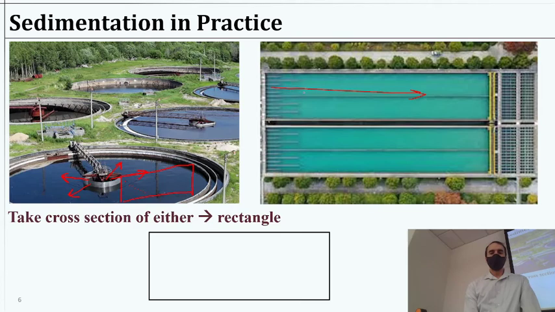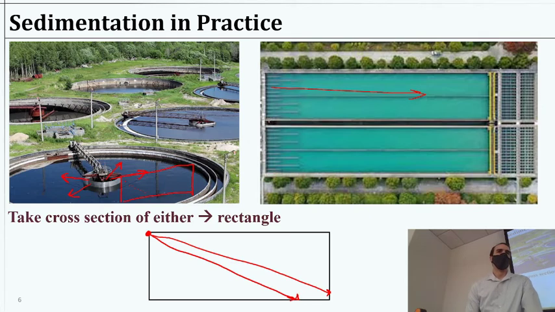So in both cases, you just have water flowing from left to right, or whatever direction, and you're going to be interested in that highest particle that starts at the top of the water column. Is that particle going to settle fast enough to escape the reactor like this one just did, or is it actually going to be able to be settled and removed?